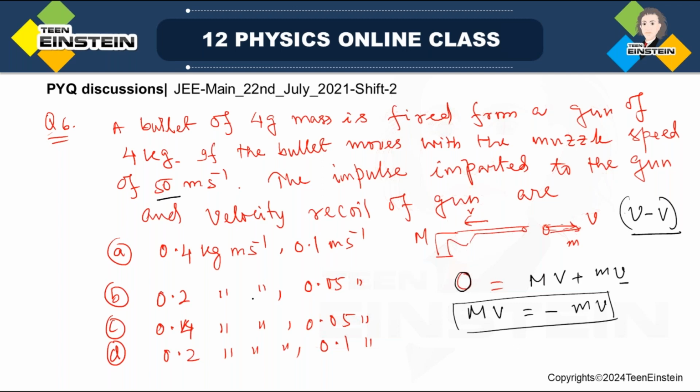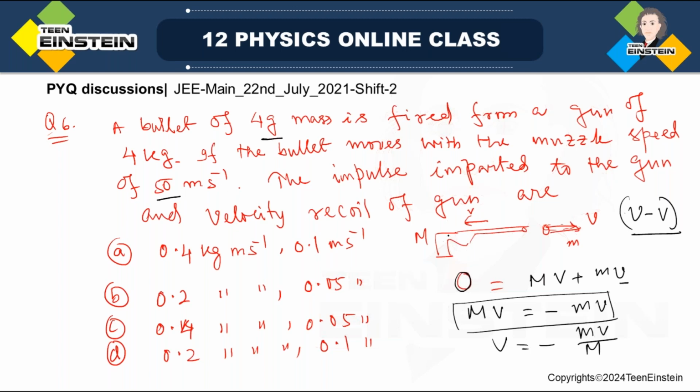The question is, what is the impulse imparted to the gun, and what is the recoil velocity? Let us find this one, and we'll take the magnitude of that. Capital V equals small mv by capital M. What is small m?